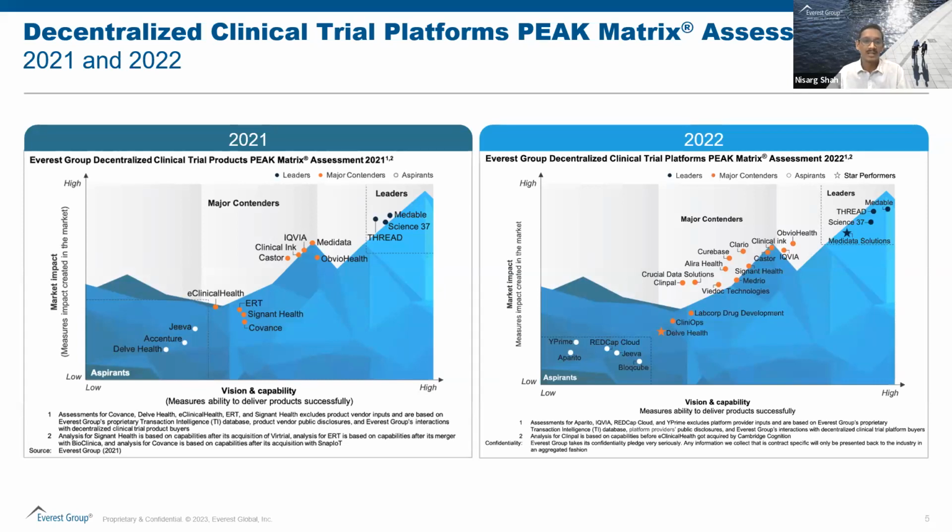And you'll see that there are broadly three kinds of providers on the assessment. One is, say, a DCT native provider whose sole focus is on DCTs. The second type of provider could be one who has a DCT suite of products along with the traditional clinical technology products such as an EDC, a CTMS, those kind of solutions.